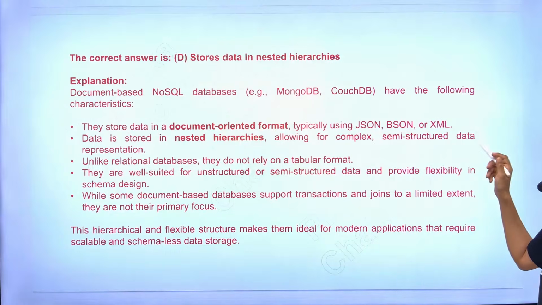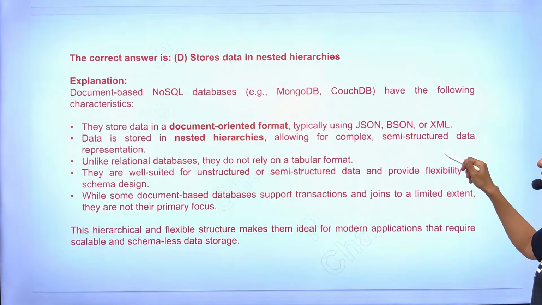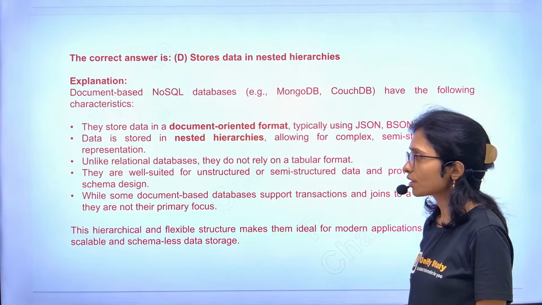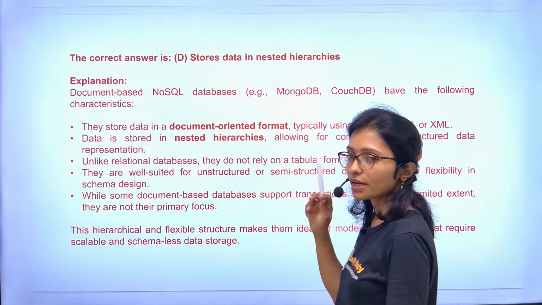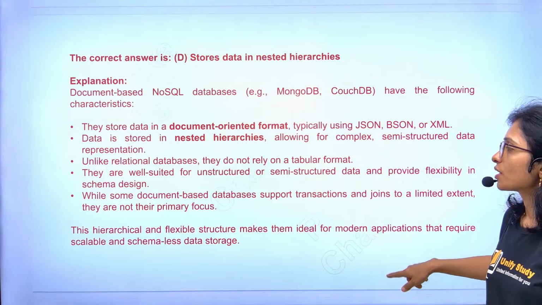These are the document oriented formats. And nested hierarchy allows complex semi-structured data representation. In relational algebra, normally we use a tabular method, but in NoSQL we do not use a tabular method.